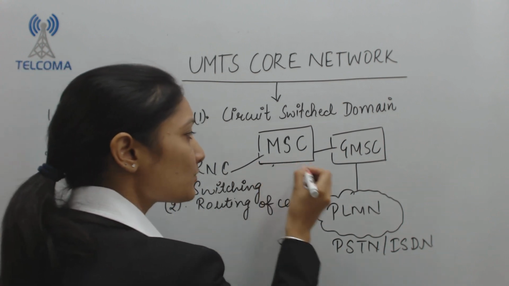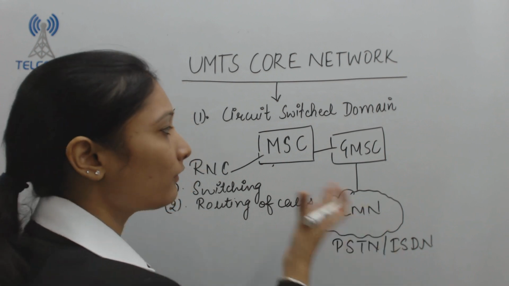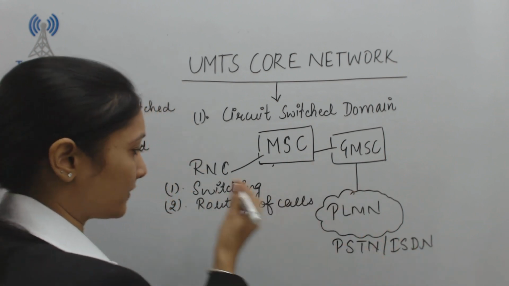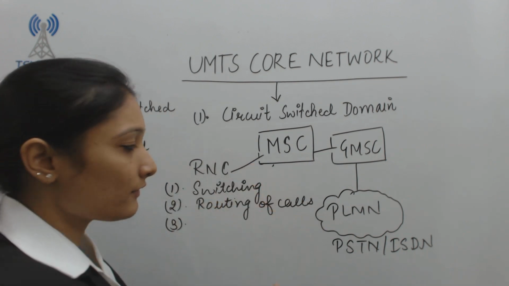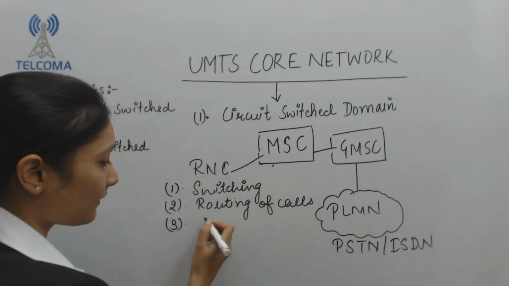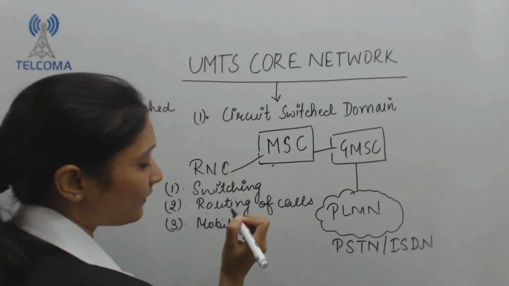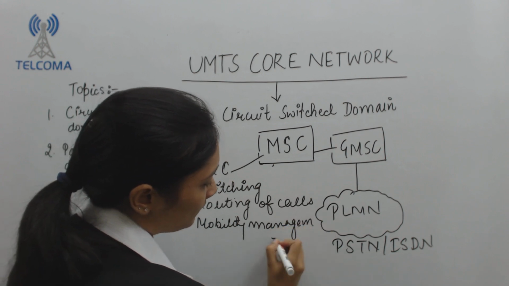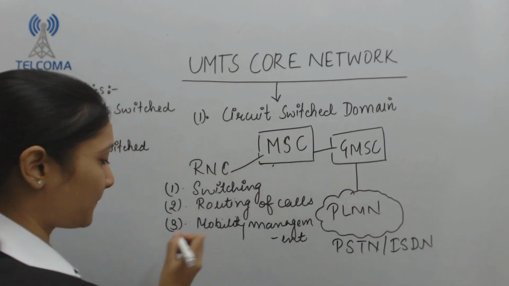This mobile switching center basically acts as a switch for the transmission and forwarding of calls to other networks. So when it is doing such crucial functions like routing, management and switching of calls, we can say that this unit is responsible for the mobility management of the network.